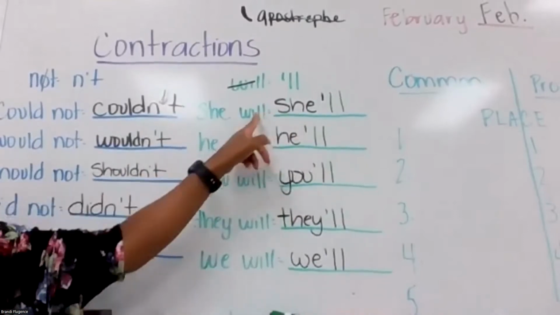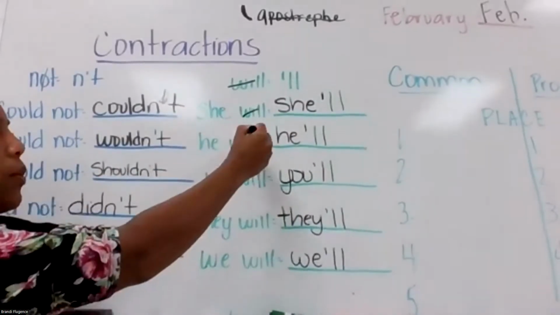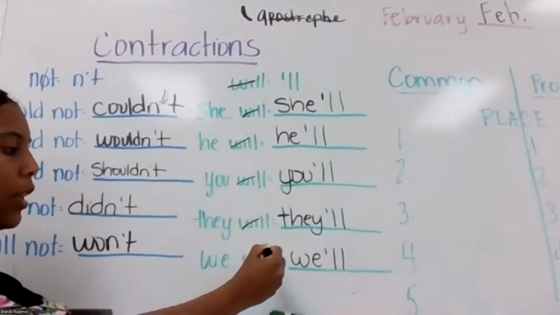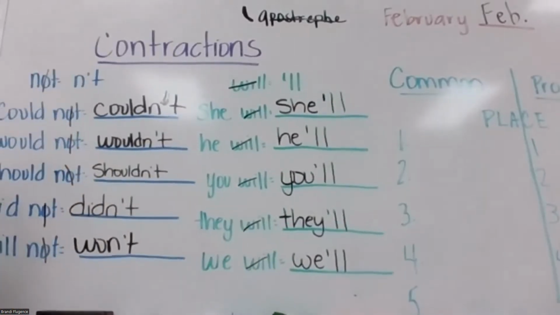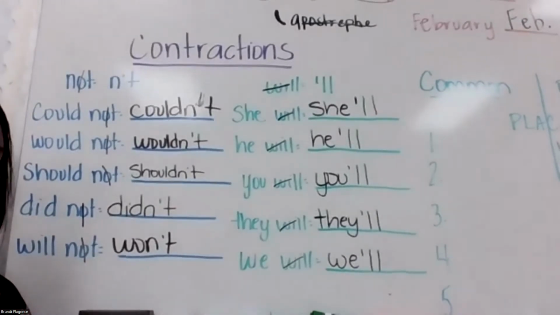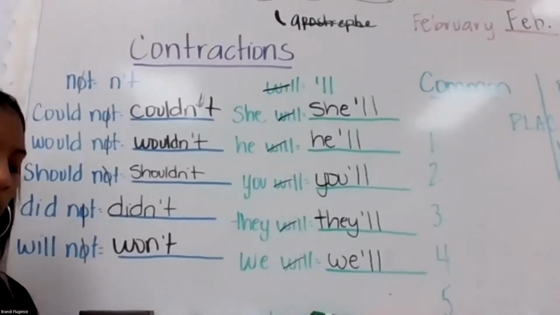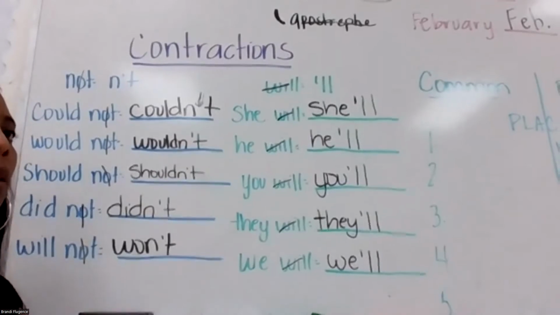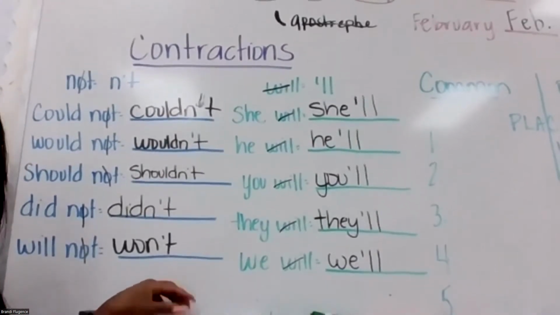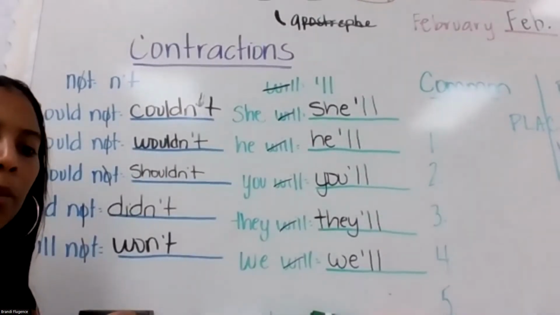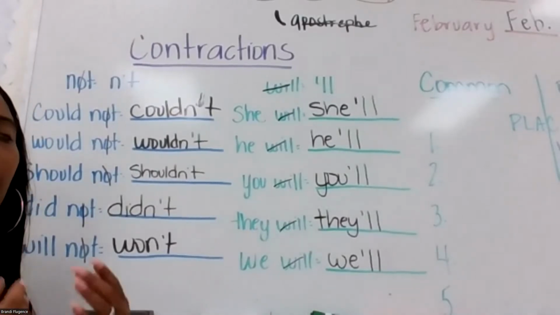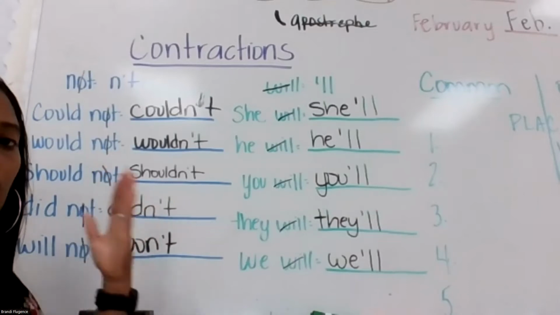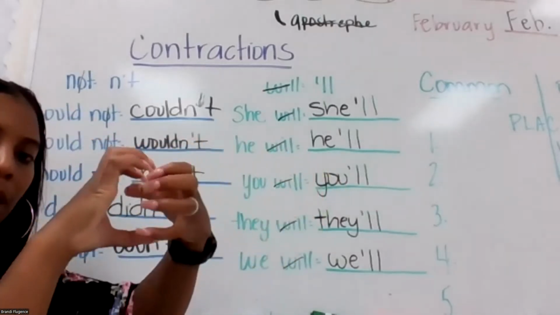In each one, we took out the WI and put apostrophe L. And then with the not, we took out the O and put in apostrophe T. This is how you contract words. You'll have two words that are separate, but then you put them together to say it a shorter way, and you replace the letter you took out with an apostrophe.